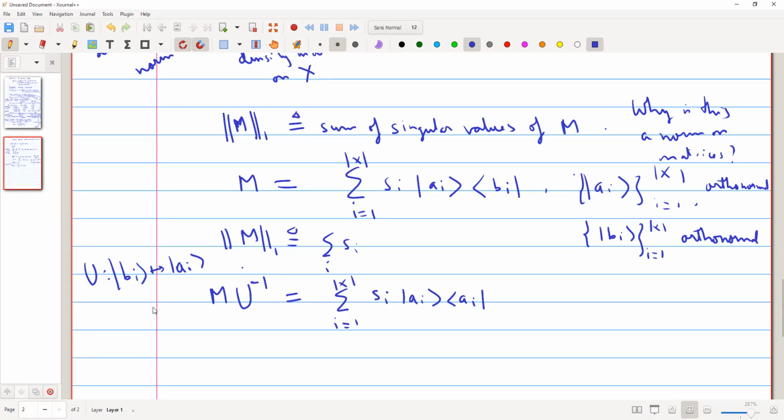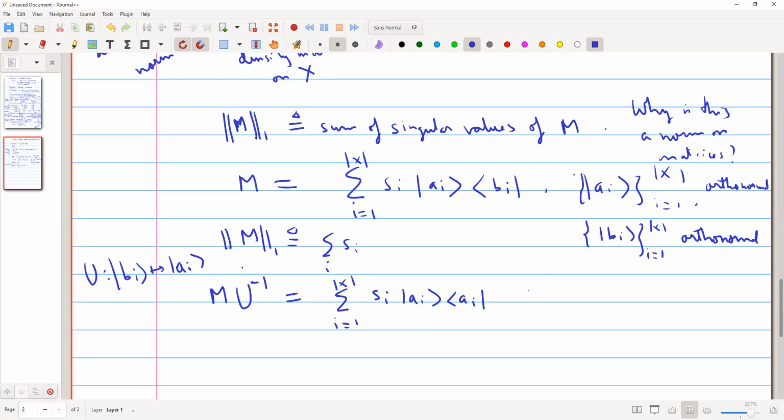To understand the action of this operator, I just have to study its action on the basis. I choose to study the action of the operator M U inverse on the basis A_1, A_2, A_3, and so on. And this is what I did. So is this identity clear to everybody?